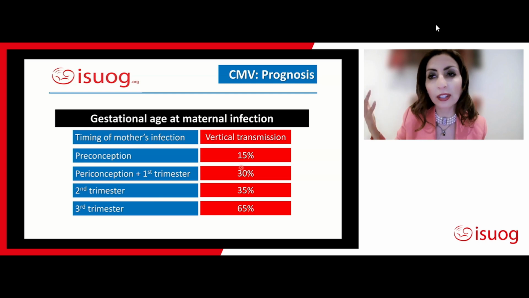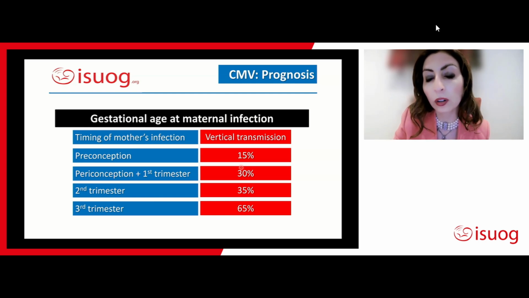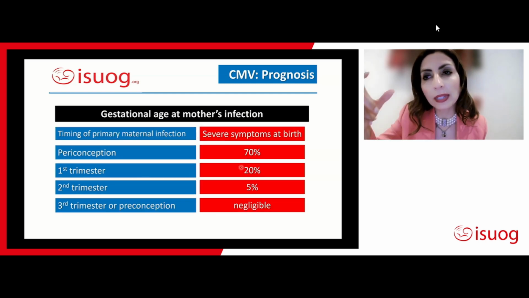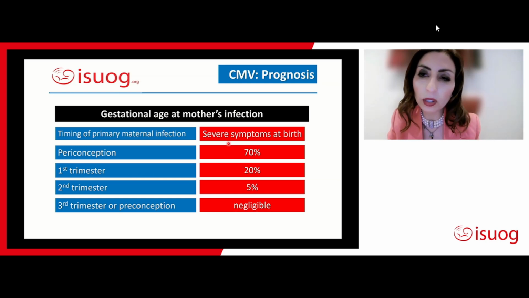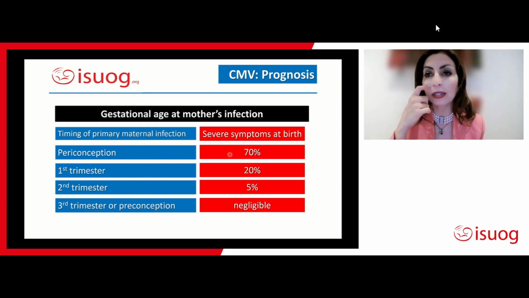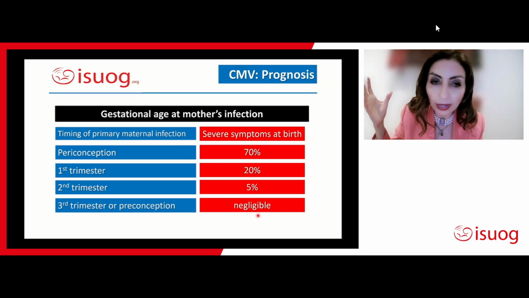First trimester is about 30% in cases of congenital CMV infection. But you see exactly the opposite pattern when you look at the chance of severe symptoms at birth. In fact, the risk is much higher when the infection occurs in the 1st trimester or in the periconceptional period compared to when it occurs late in pregnancy. In fact, late in pregnancy, the risk is negligible.